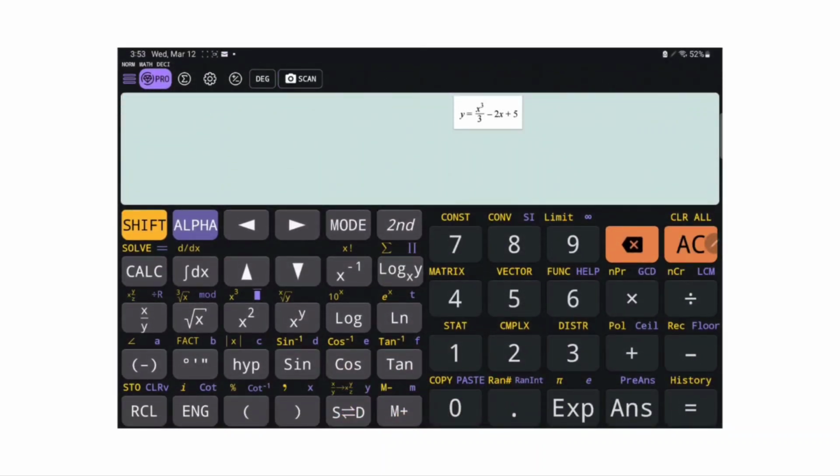All right, now we have to find out at minus 3 cubed upon 3 minus 2 times minus 3 and then plus 5.